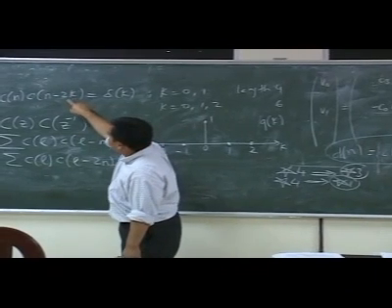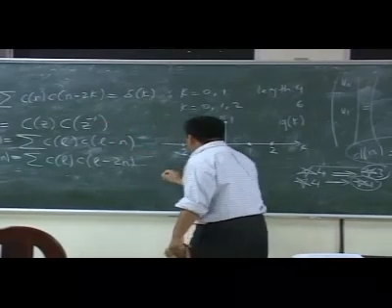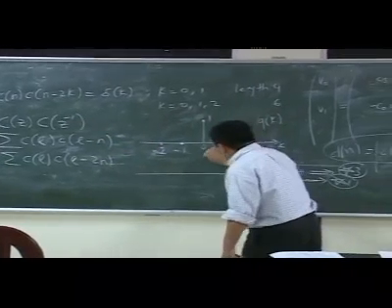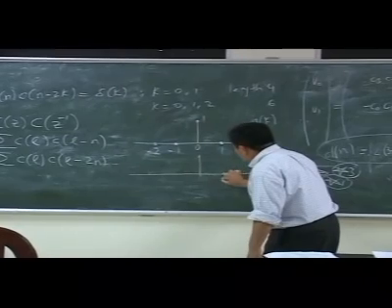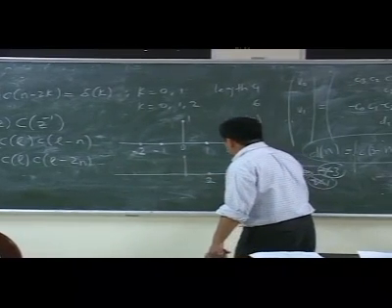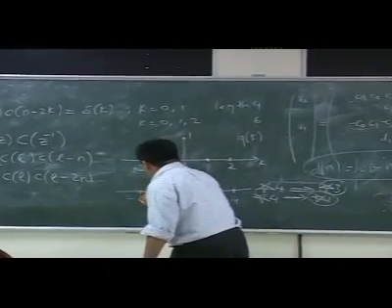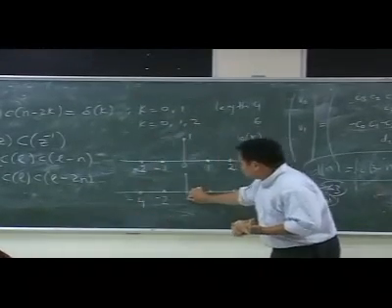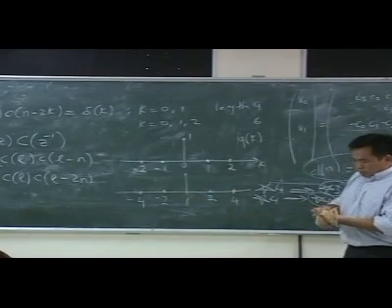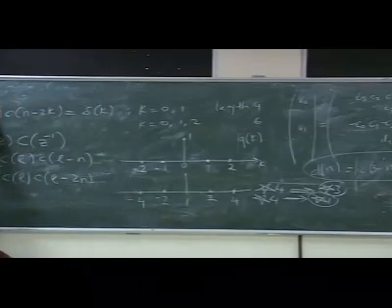So if you write this in the non-subsampling form, you will have 1 here, this will be 2, this will be 4, that's minus 2, that's minus 4. So basically, this is nothing but a half band condition.